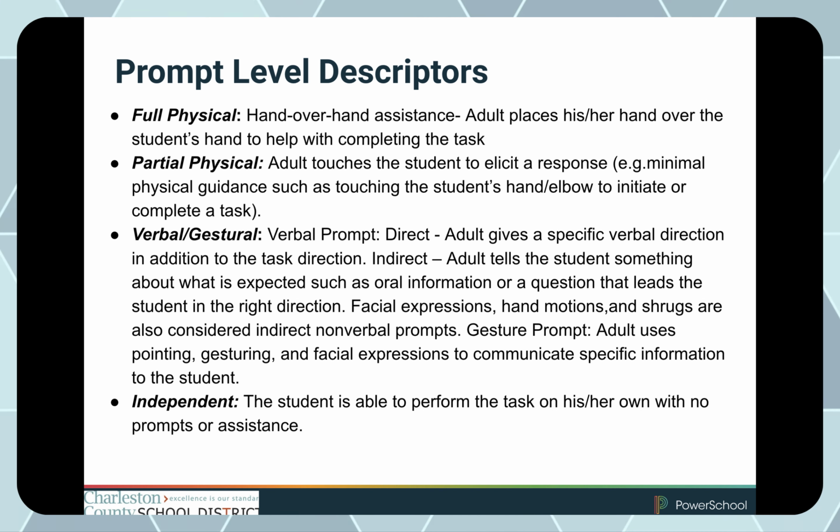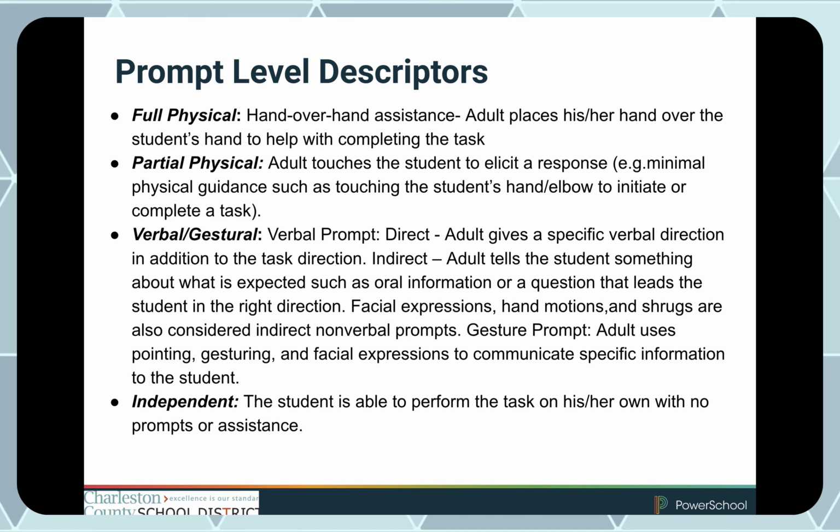The DEC team, along with input from assessment and evaluation, has come up with 4 different levels of prompt descriptors, starting with full physical assistance, which requires the most assistance, all the way down to independent, which means the student's able to perform the task on their own. Please review these descriptors at any time when you have a question as to what descriptor levels should be.